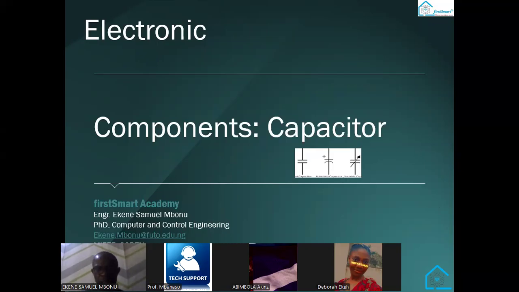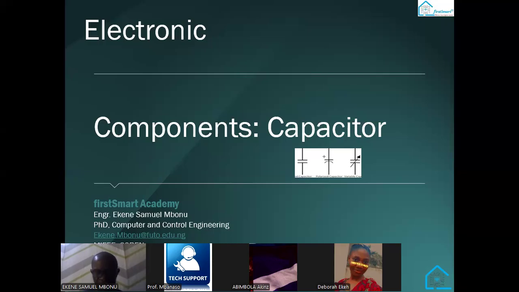If anybody wants to develop an expertise in electronic designs, you have to study in details diodes, resistor, capacitor, inductor, transistor.